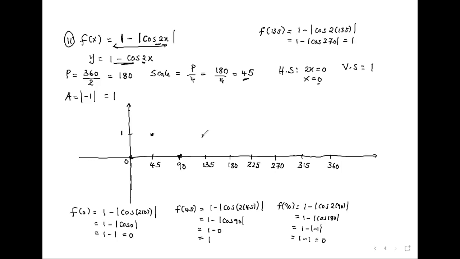Get back to 1. So you're thinking it will go up, you try again. F of 180. That is 1 minus cos 2 by 180, that is 360, which is 1 minus cos 360, which is 1 minus 1. So it gets 0. It comes down.